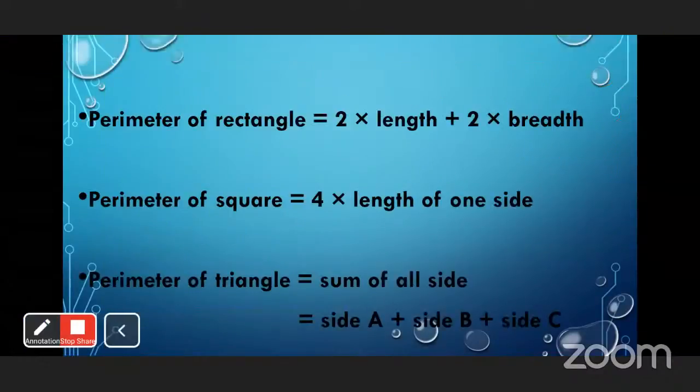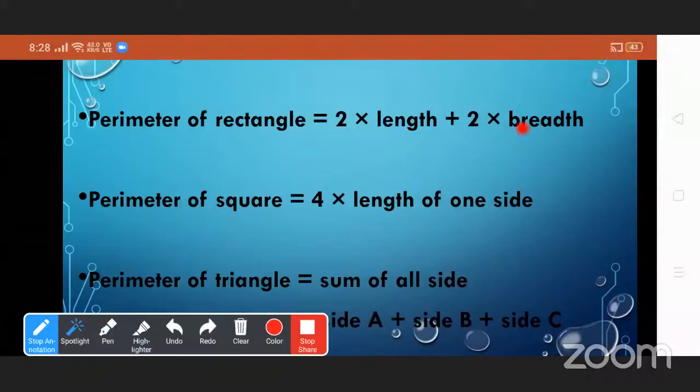Now see here some formulas. Perimeter of a rectangle is 2 into length plus 2 into breadth, because in a rectangle the opposite sides are equal. Means in a rectangle two sides are equal, na? Yes. Lengths are equal and breadths are equal. Now perimeter of a square: all sides are equal, so we multiply the length of one side by 4 to find the perimeter of the given square.